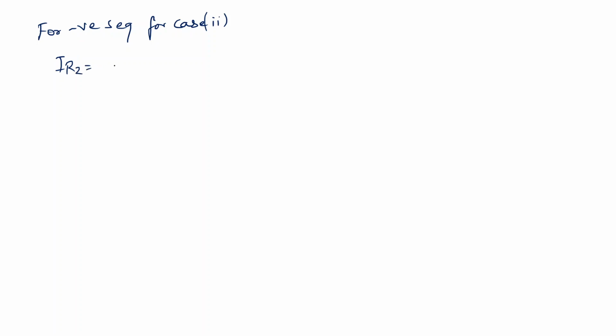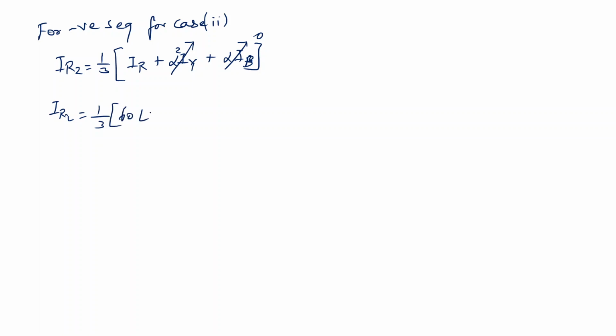IR2, right? So from the matrix, 1 by 3 of IR plus alpha square into IY plus alpha IB, not beta, this is B. We know that this is 0 and this is 0. So IR2 is equal to 1 divided by 3 into 60 angle 0. So IR2 is equal to 20 angle 0. Similarly we need to find IY2 and IB2.